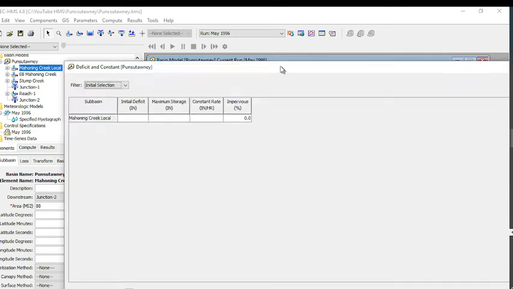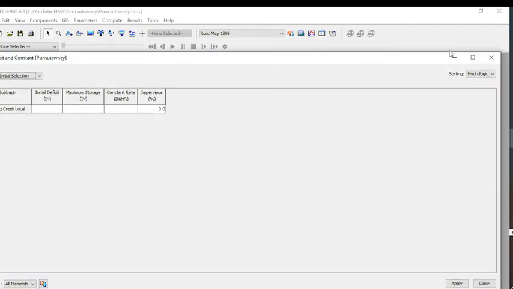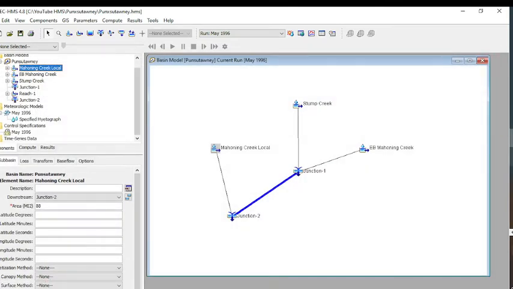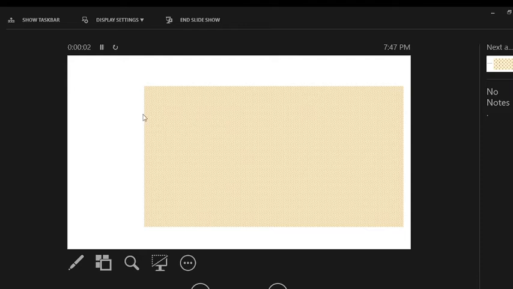So I wanted to explain maybe the theory or the application of these parameters in the HMS model. If we look at this presentation, we'll consider this to be a layer of soil, and right now it's empty.